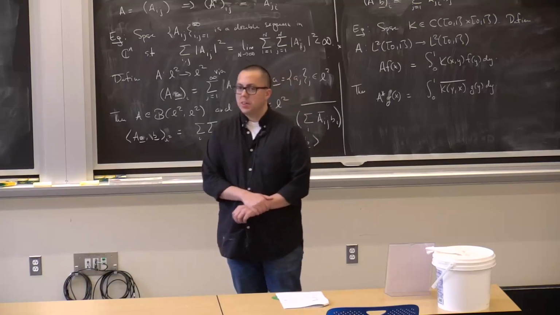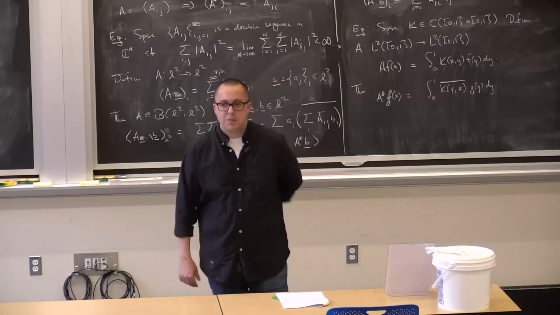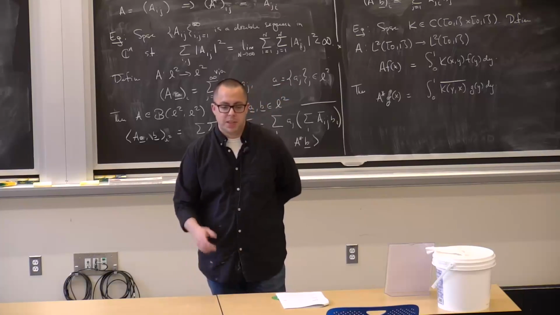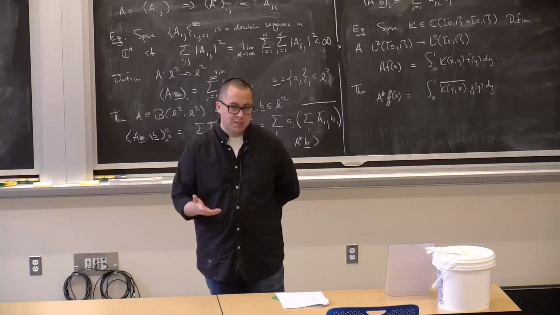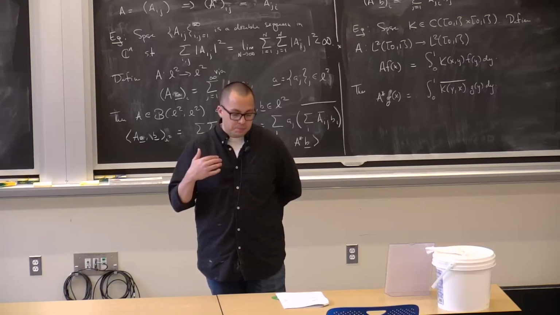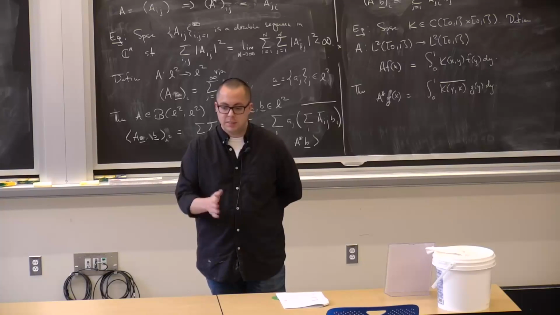Now, something that you kind of take for granted in Rn is that if I have a linear operator and I have a bounded sequence of vectors, then A maps that to a bounded sequence of vectors because a matrix is a bounded linear operator. It takes bounded sets to bounded sets. And therefore, by the Heine-Borel theorem, there will be a subsequence of the images of these vectors which converges.